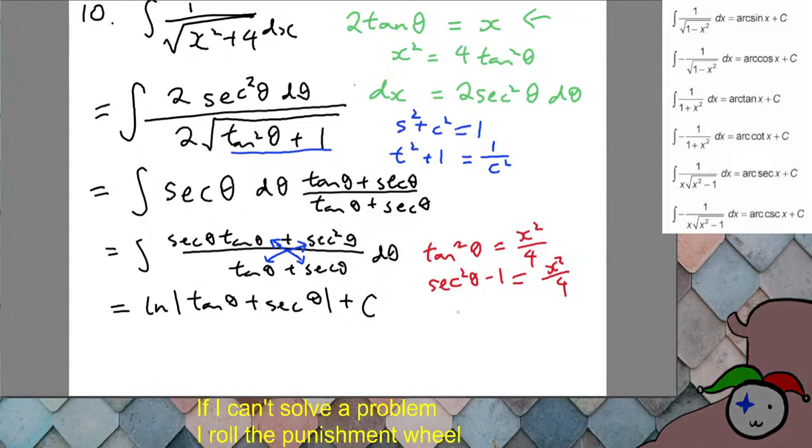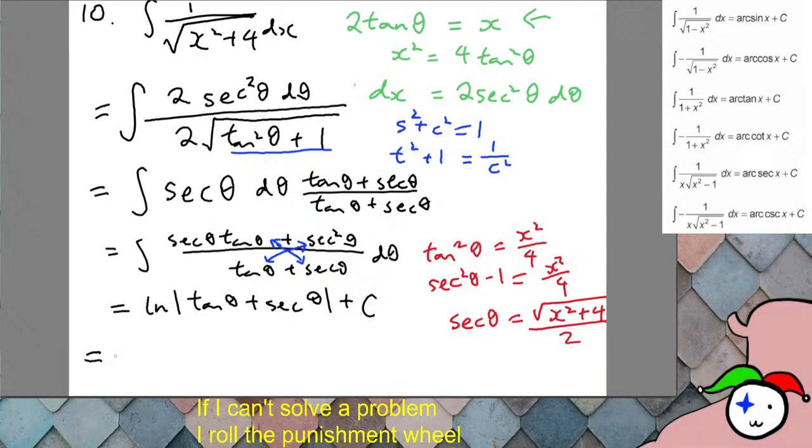So secant theta is x squared plus 4 over 4 square rooted, so we have the square root of x square plus 4 over 2, and so the final answer here in terms of x is the natural log of x plus square root of x squared plus 4 over 2 plus c.